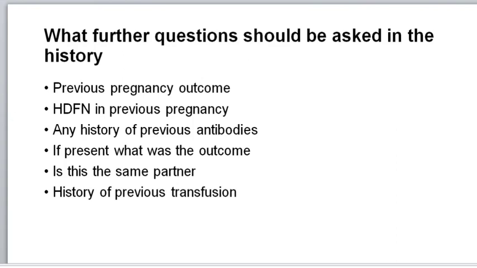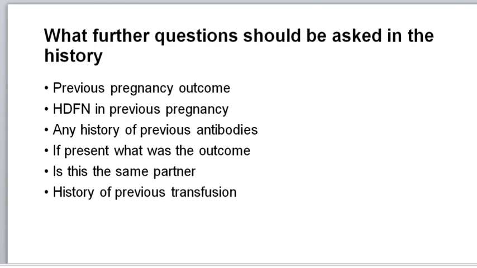Was there any antibody in the previous pregnancy? Was the pregnancy even completed, like there is no miscarriage, no abortion, anything like that? If the pregnancy is completed, was it affected by HDFN or not? Was that pregnancy affected by any antibody?